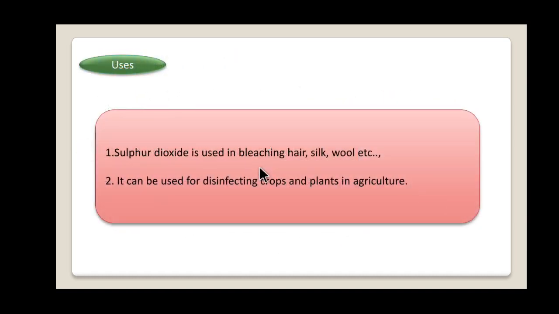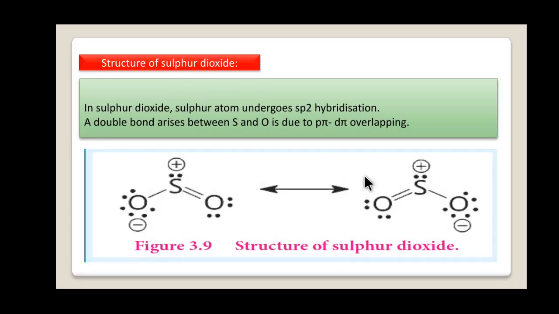And next, uses of sulfur dioxide. It is used for bleaching hair, silk and wool. It can be used for disinfecting crops and plants in agriculture. And next, the structure of sulfur dioxide.